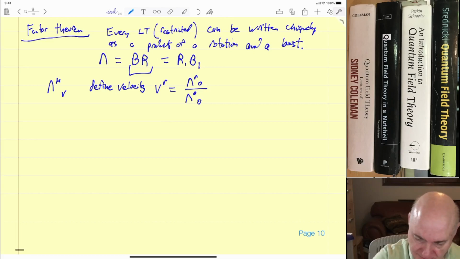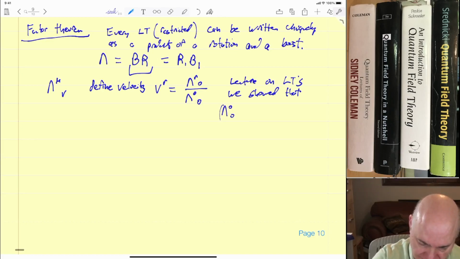Now, in the lecture on Lorentz transformations, we showed that for restricted Lorentz transformations, lambda 0 0 squared minus lambda i 0 lambda i 0. Remember we're using the summation convention, so this is equal to 1.